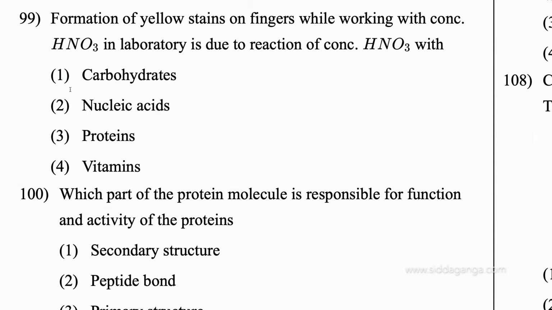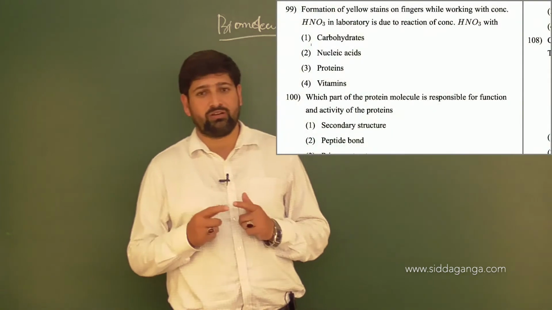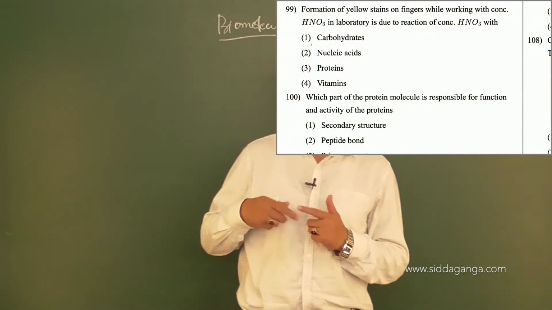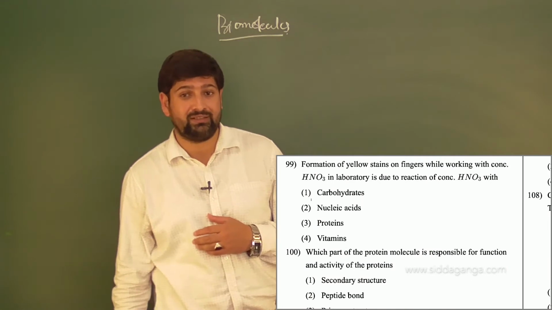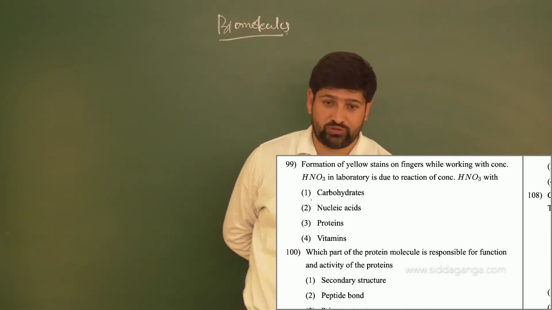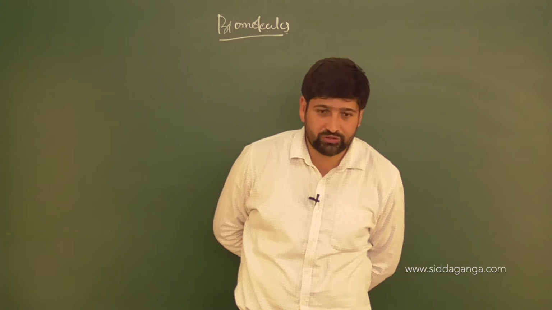So the yellowing of the skin when you are working in the laboratory with HNO3, we call it the xanthoproteic test. Got it? So the color will be yellow stain formation. So it's with respect to the proteins. The side chains of the amino acids tyrosine and tryptophan get nitrated, and these nitrated products lead to the yellow color formation on the nails. Correct?